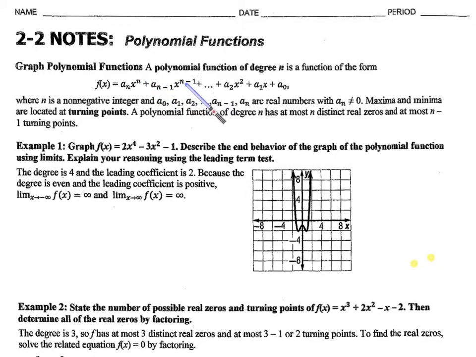N minus 1, n minus 2, n minus 3, it decreases, so n is 2, 1, and what's the exponent of the last one on the x? Do you have an x? No. So what's the exponent of the x then? 0.